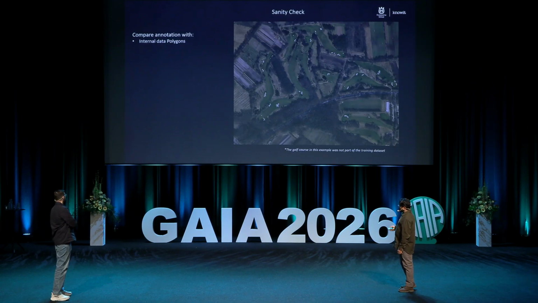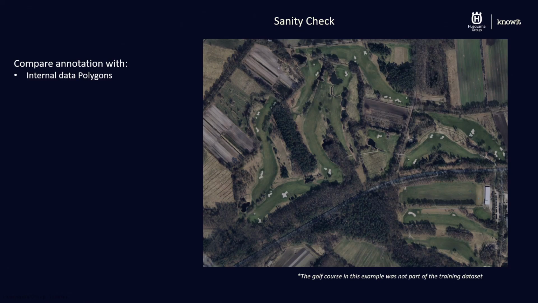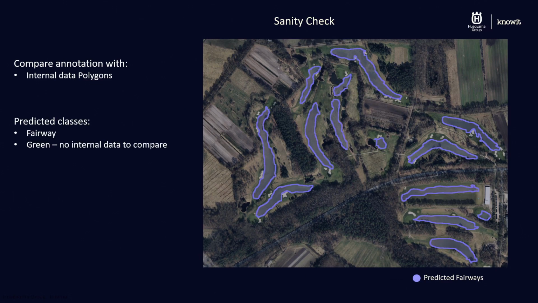And then once we have a good model and the predictions, we want to do some sanity check. And here, what we see is the same satellite image that Christos showed, and this is from our internal polygons. And then we overlay our predicted fairway from the model that we trained. And we can clearly see a lot of the areas.